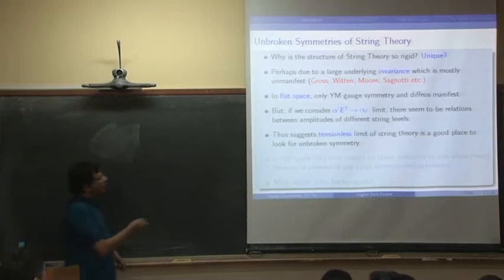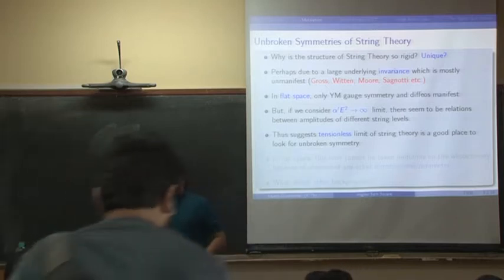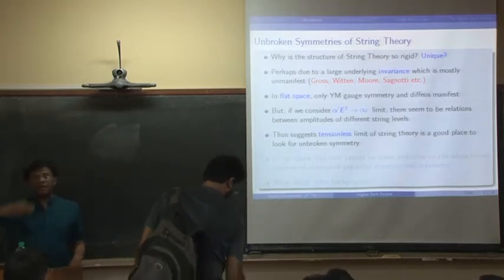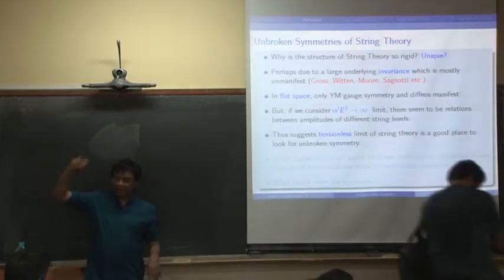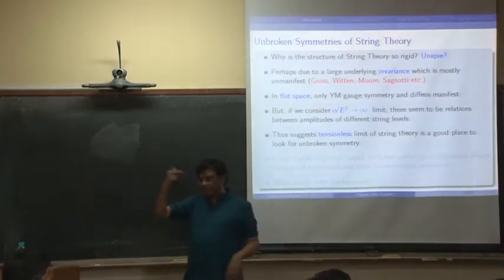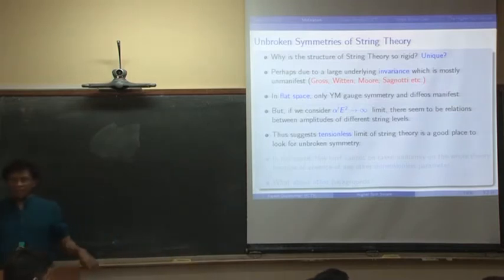Because this is very kinematical. Also, it's in this limit. It was obtained by looking at the saddle points of the string amplitudes, which you get from particular points in the moduli space.